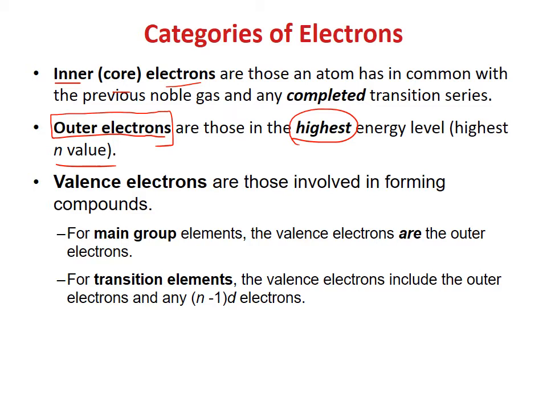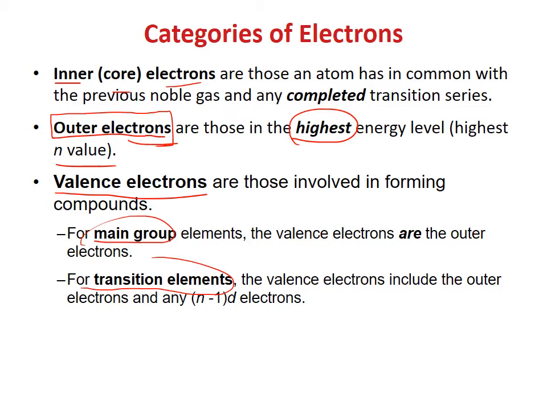So these outer electrons usually are very important, and they are called valence electrons, particularly for main group elements. For transition metal elements, they also have d orbitals. So these d orbitals also participate in chemical reactions, and therefore they are also counted as valence electrons.